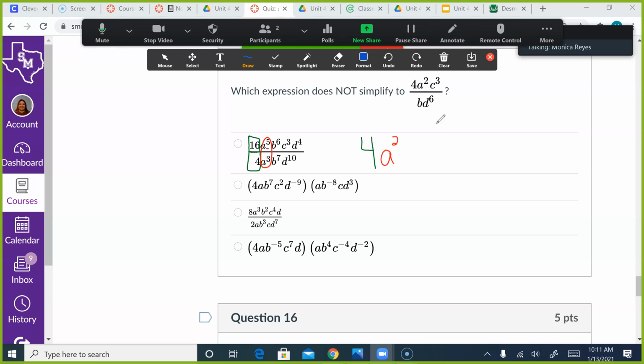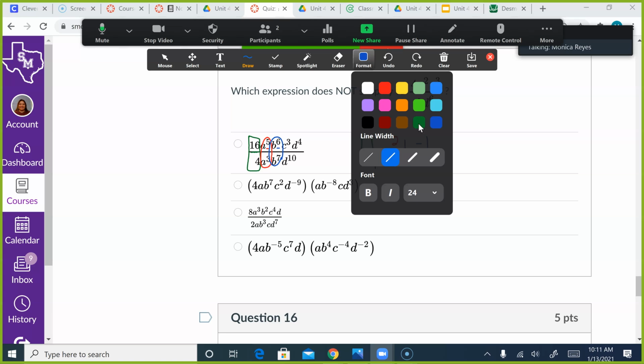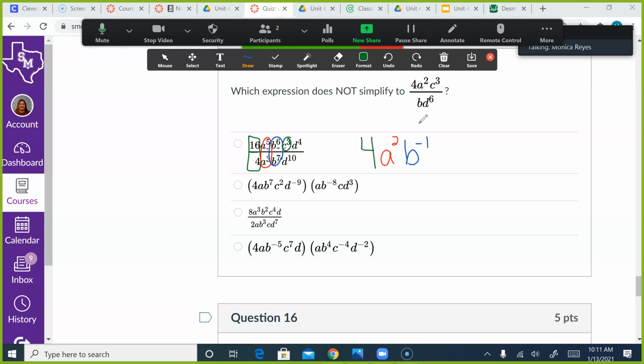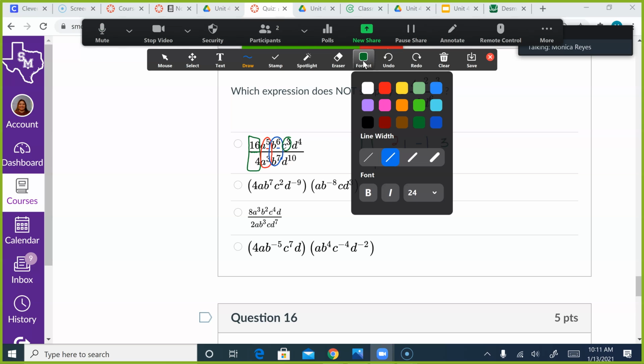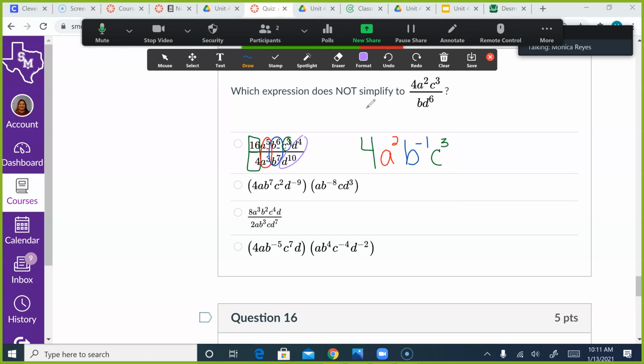For the B's, 6 minus 7 is negative 1. And for the C, this is the only C there, so we can just leave it as C cubed. And for the D's, we do 4 minus 10, and 4 minus 10 is negative 6.